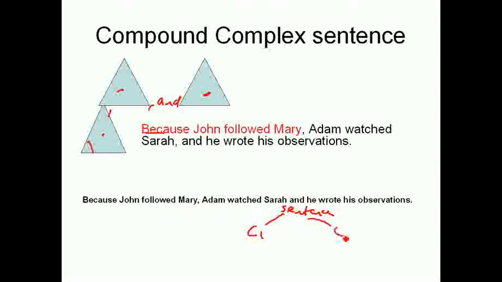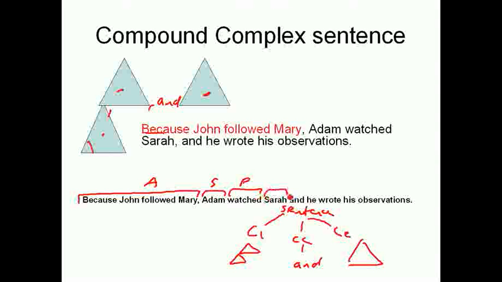And if you were analyzing this sentence, then you would have the sentence as the top level, and you'd have clause 1, clause 2, and a coordinating conjunction, which is and. Here it would be he wrote his observations, and over here you have, as I've already showed you, this situation here.